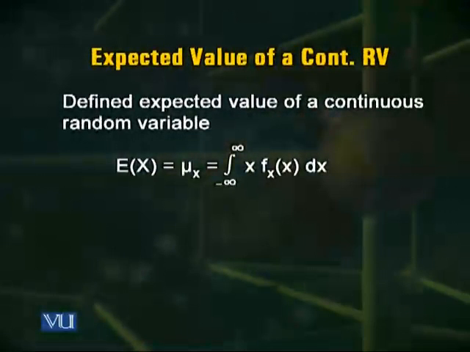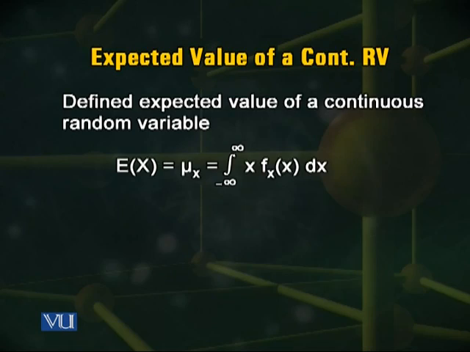So to find expected value of a random variable, you integrate the parameter x with a weighting function, and weighting function is of course the PDF. So expected value of a random variable x is integration over the range where x is defined, integration of x times the PDF. So x fx dx, that is the expression you use to find the expected value of a continuously distributed random variable.